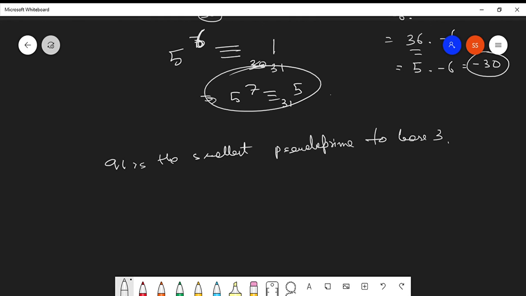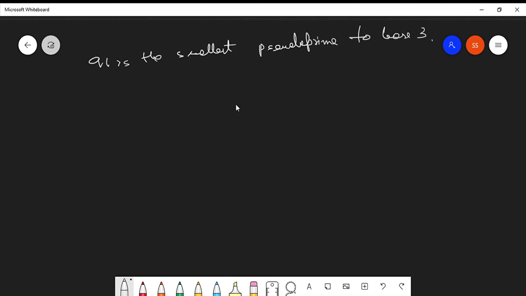Now an exceptional case appears for these pseudo primes. What is that exceptional case?